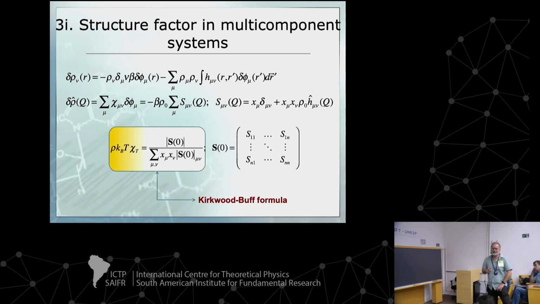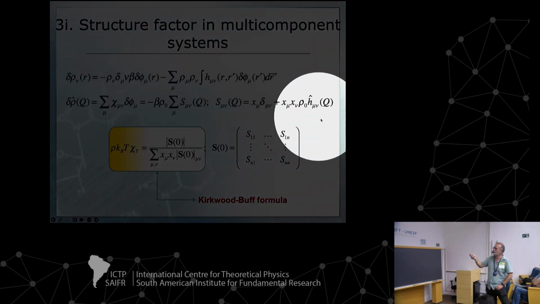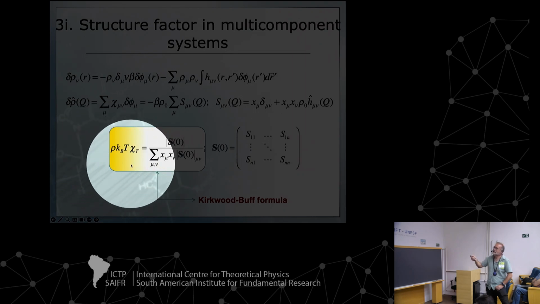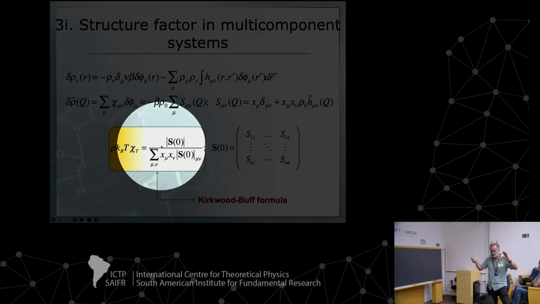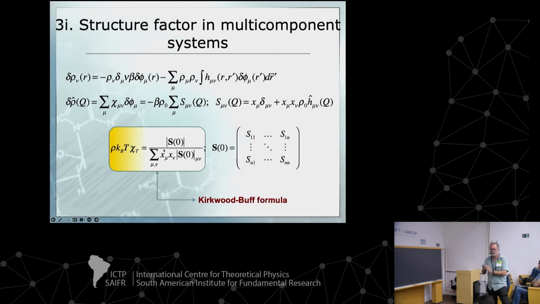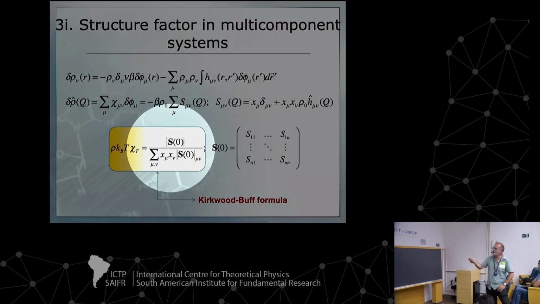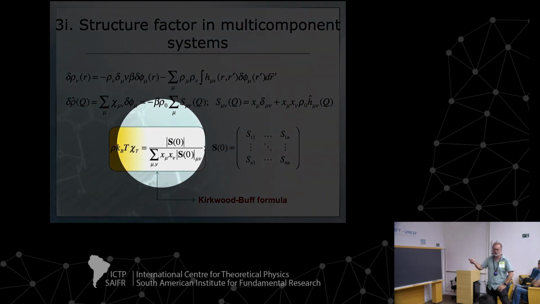In multi-component systems, you have to be careful how you build them. These are the responses, and this is the expression for the isothermal compressibility, right? That's the equation you have to take into account. If you have partial structure factors and you want to calculate the full isothermal compressibility, you have to take into account all the components.